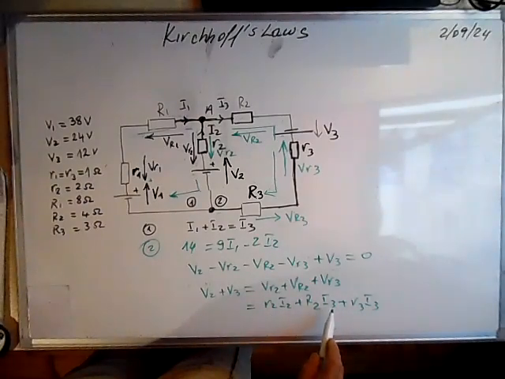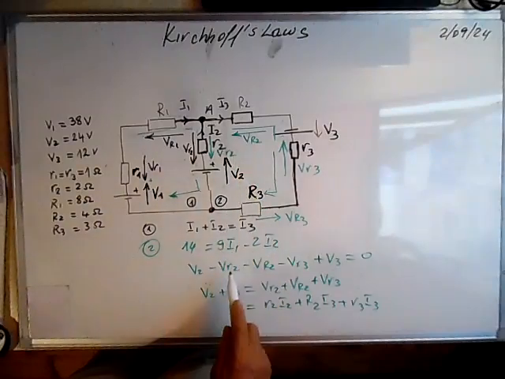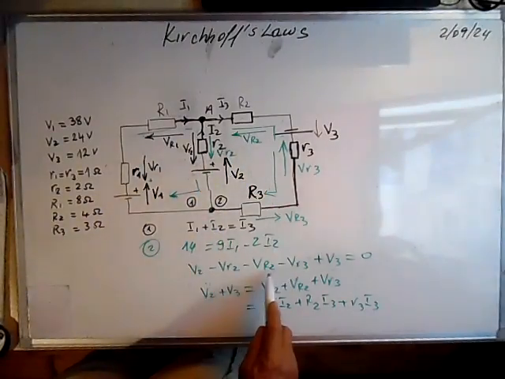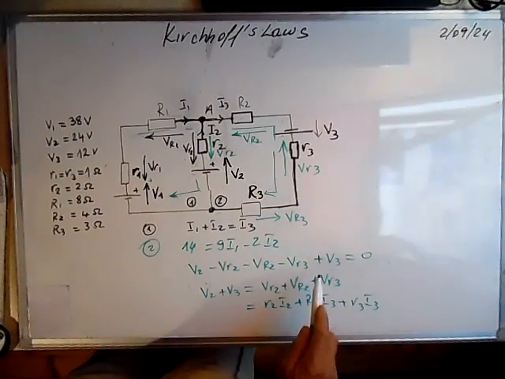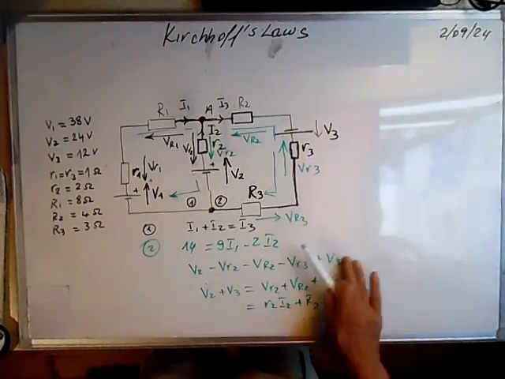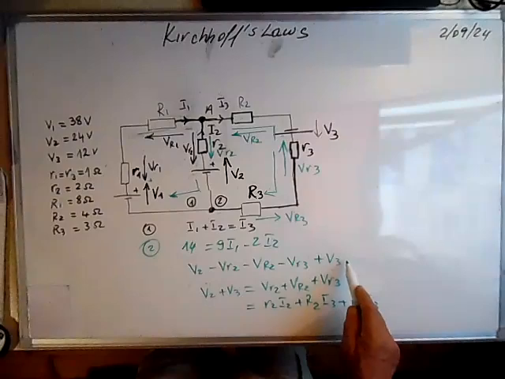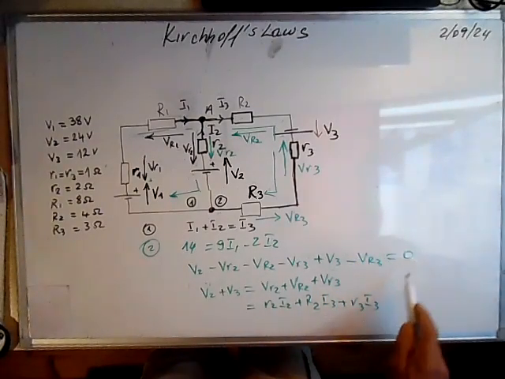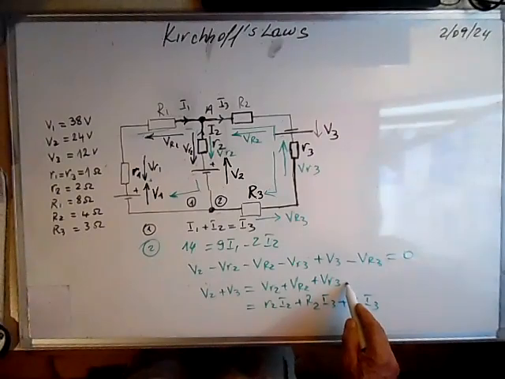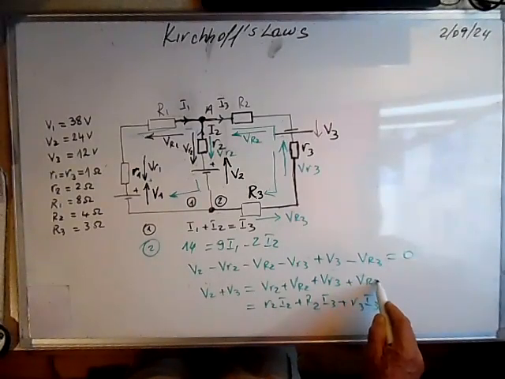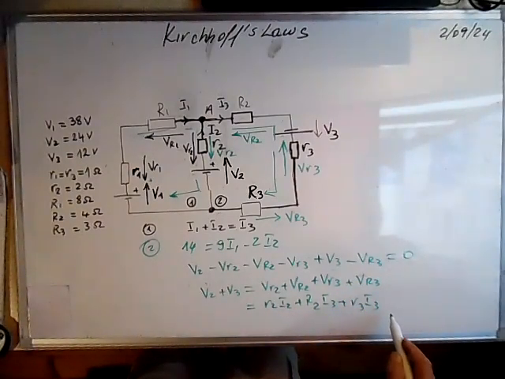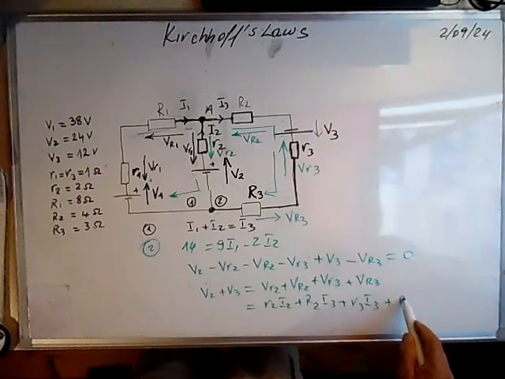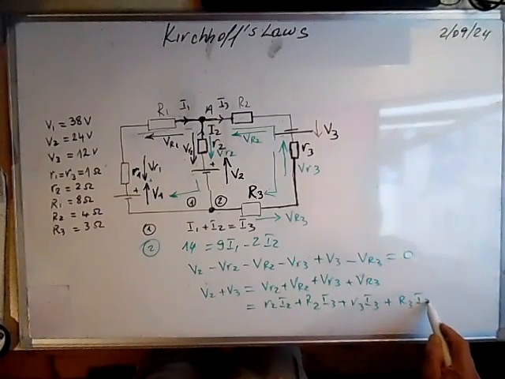So R2 I3, I forgot something: VR3, V3, and we forgot this one, minus VR3 is equal to 0. It means we have to add VR3 here. So it means plus R3 times I3.